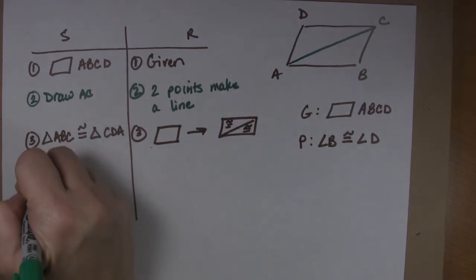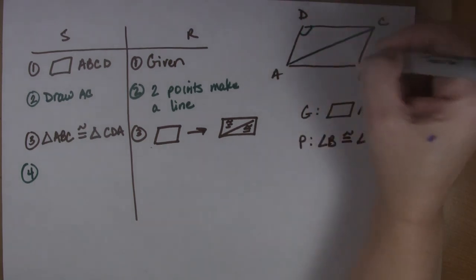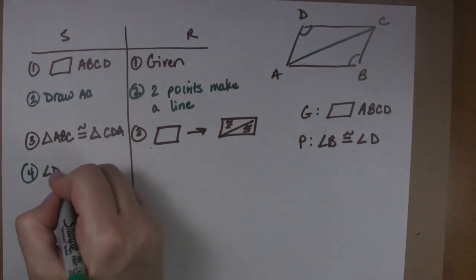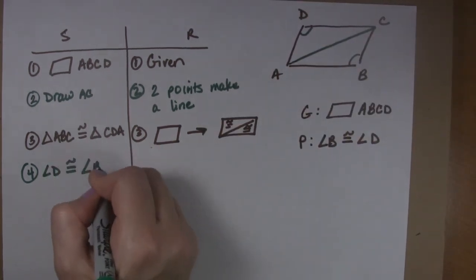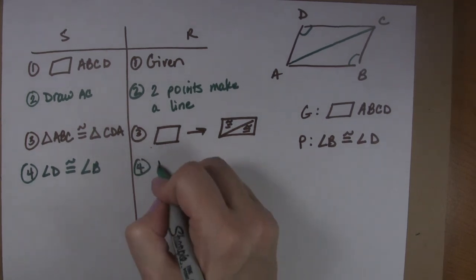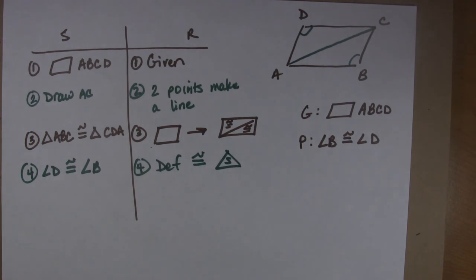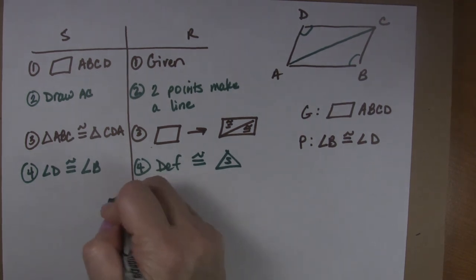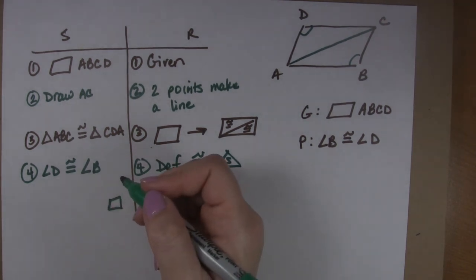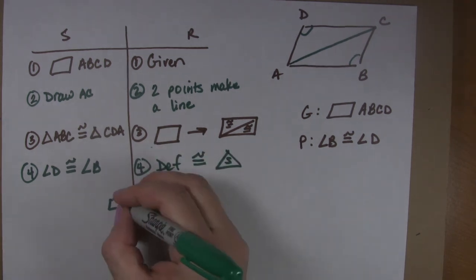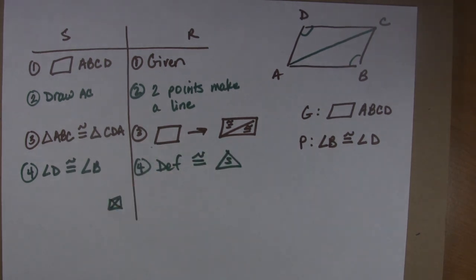And so then the fourth thing I can say is that angle D is congruent to angle B because of the definition of congruent triangles. So there you go. That is numbers 1, 2, 3, and 4, which means we are done with this Your Turn to Play. Congratulations.